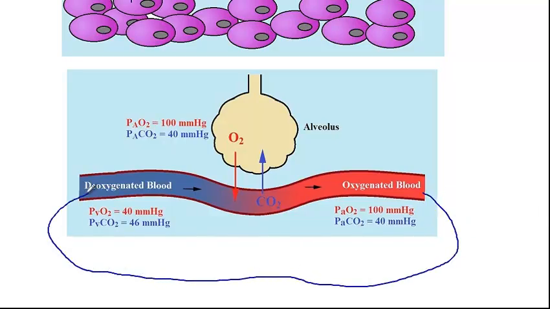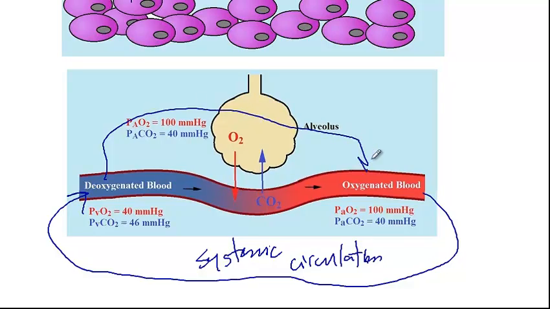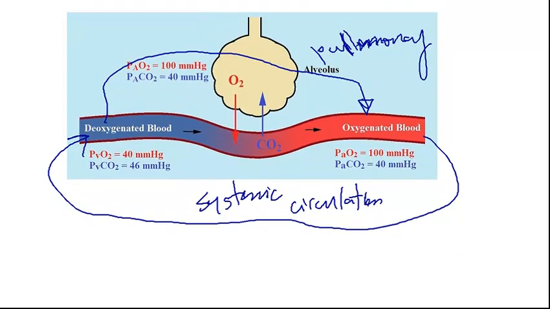And then once it passes through the systemic circulation, again the O2 drops and CO2 increases. Now here via the pulmonary circulation, again oxygen is recirculating inside the blood.